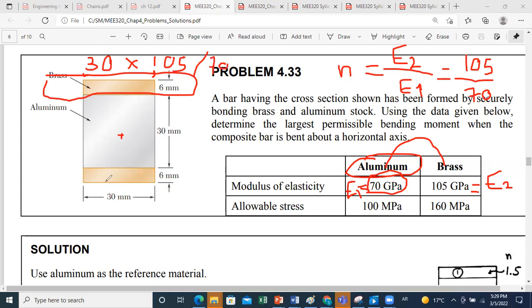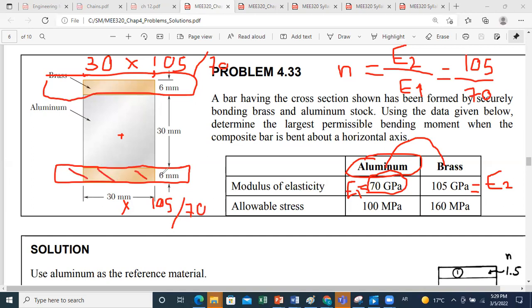Okay, and I do the same for the lower part here. So now I just modify the geometry of my section. It's now a beam of I geometry. So here also it's 30 times 105 over 70. And I treat it as if I have just aluminum everywhere.